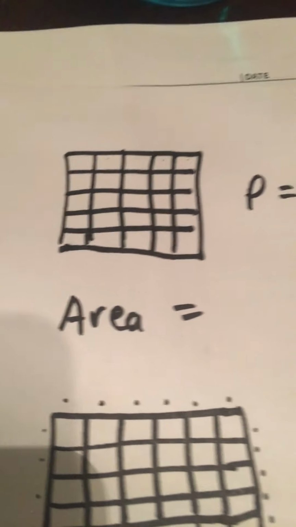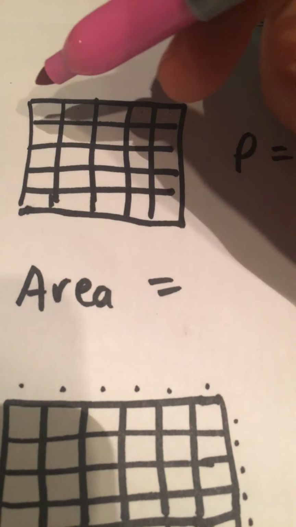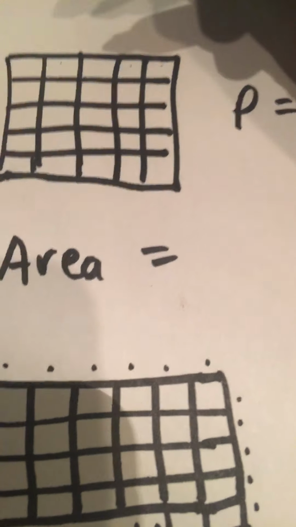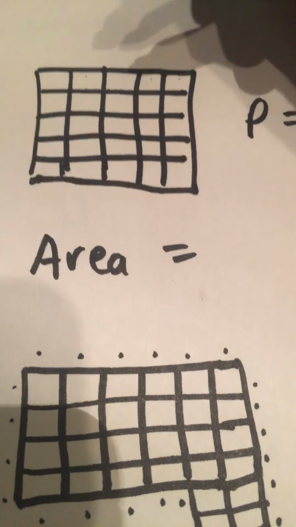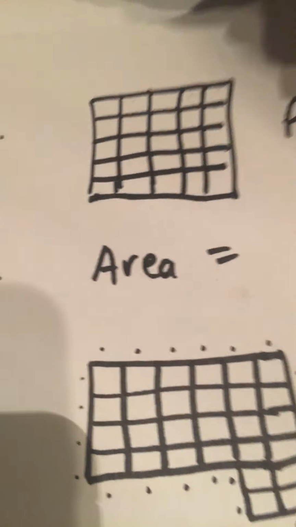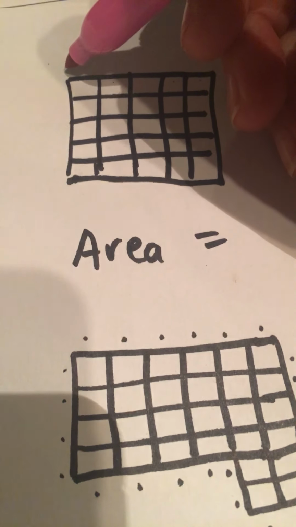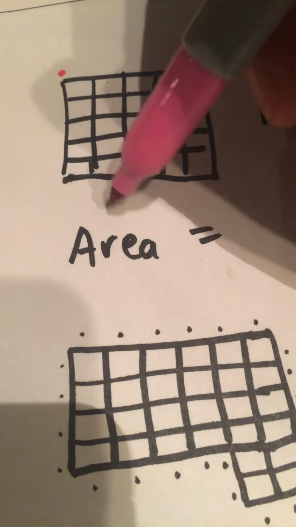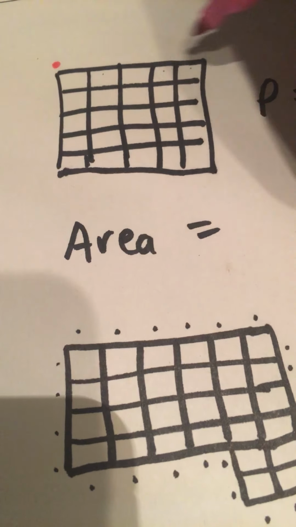All right, so when we're going back to look at the problems I had in the video, we remember that perimeter is going all the way around a shape. This was the example I gave you from the video on Friday, for number 1 that you do on your Google form. You have to count, so I would start from here. If I were a little bug starting here and I had to go all the way around this shape, I'm counting how many units go all the way around.